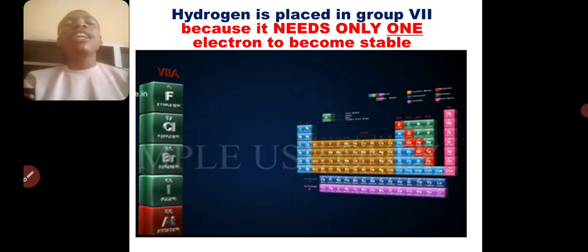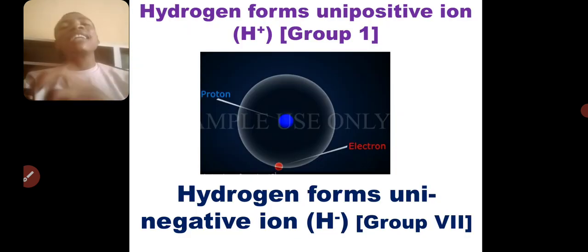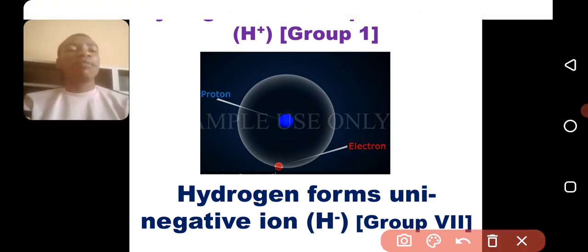So you can see the rogue nature of hydrogen: it can be placed in both group 1 and group 7 because it has similarities to both groups. For example, like a group 1 element, hydrogen can form a unipositive ion, that is an H+ ion, because it has only one electron in the valence shell.